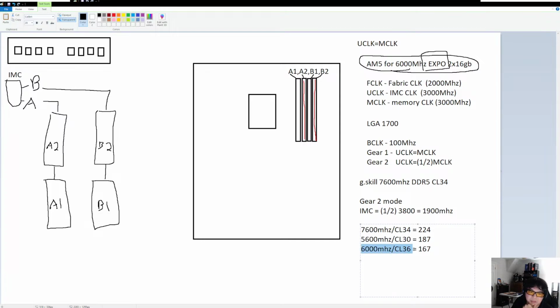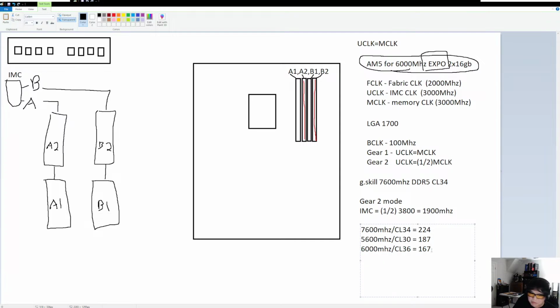So here's some EXPO RAM. This is the free RAM. This RAM that I've highlighted, I got for free from Micro Center when I bought my AM5 CPU. This is the G.Skill Flare X5. It's literally 6000 megahertz, CAS latency 36, so it comes out to 167.